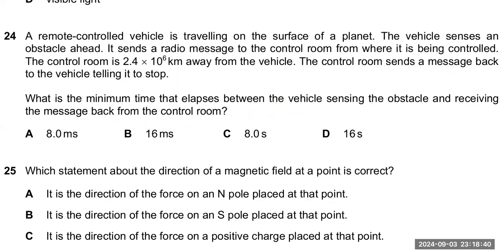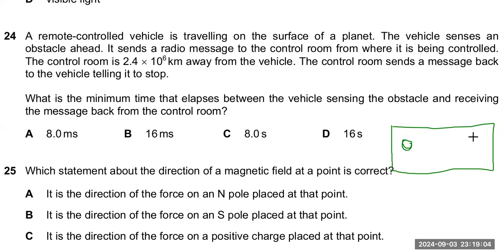So first of all, you have to understand the scenario. Suppose this is your planet, the surface of the planet. This is the remote control vehicle, and it is traveling on the surface of the planet.